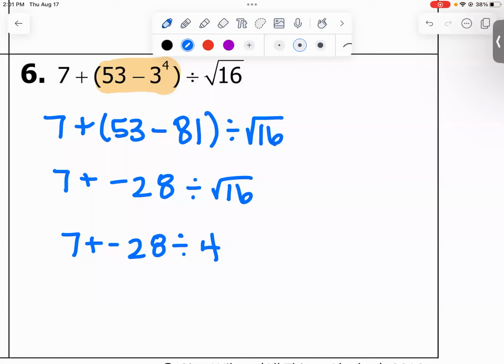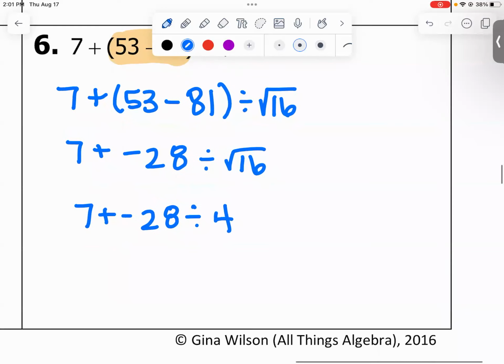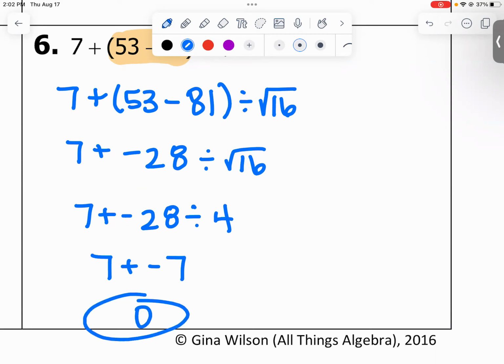Okay. Eli, what do we do next? Then we have to do 28 divided by 4. All right, negative 28 divided by 4 is our next task, which is what? Negative 7. Oh my goodness, what do we get for an answer? 0. Oh, light work.